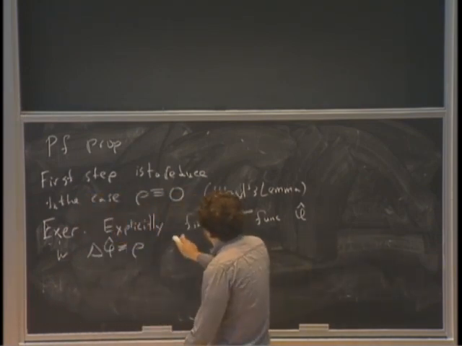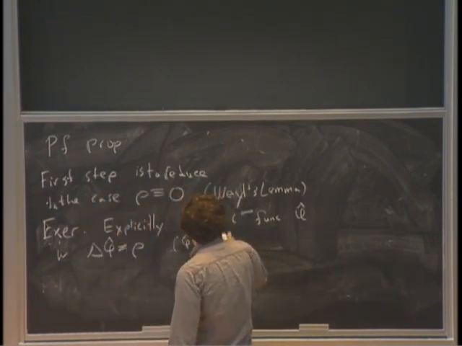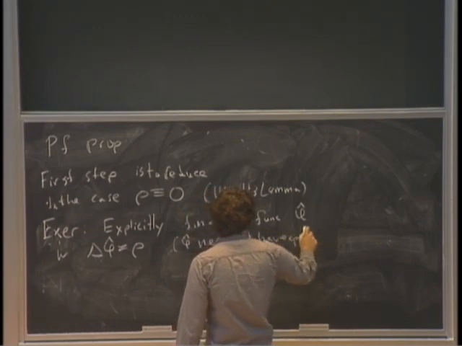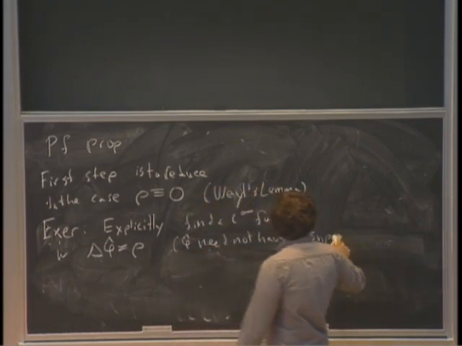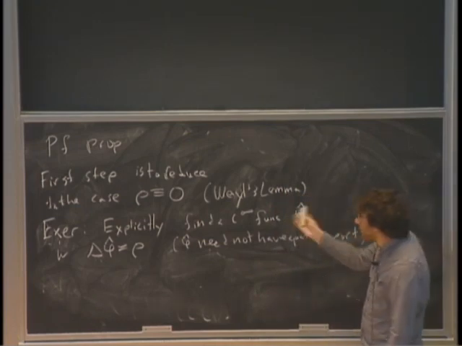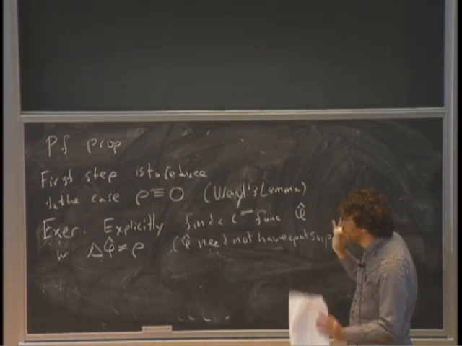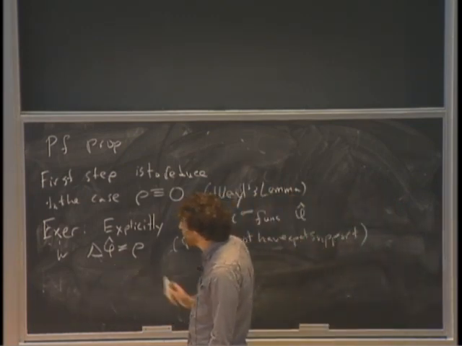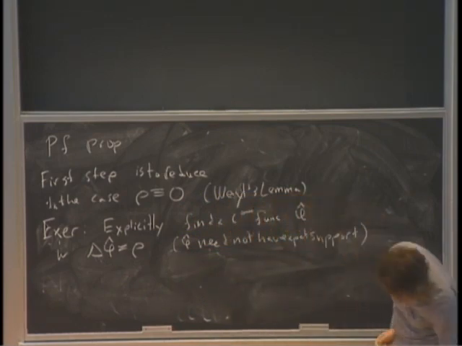Notice that phi hat need not have compact support. For example, use the Fourier transform, or as I had you do on the exercise sheet, use the fundamental solution.